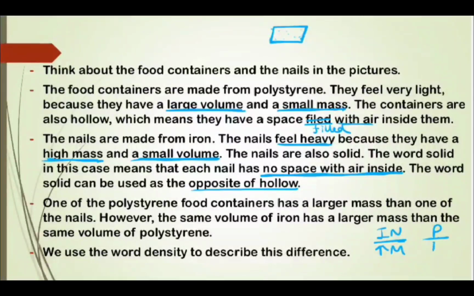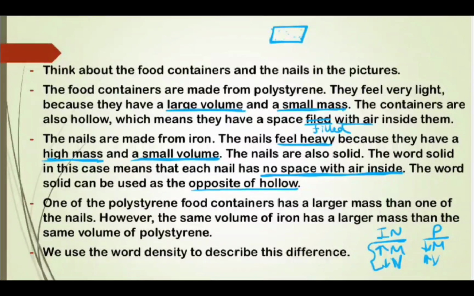Polystyrene has a lower mass, and it is hollow, so it has more air spaces. Here in polystyrene, since there are more air spaces, the volume occupied is more.